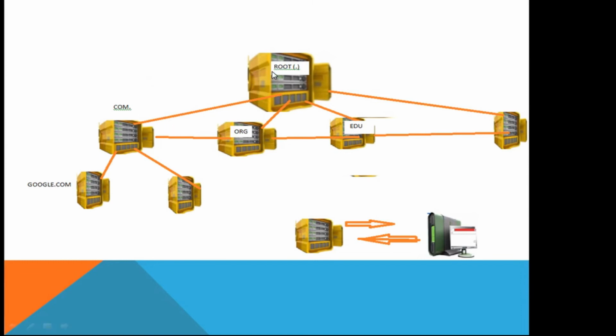It will say, you know what, I do not have information about Google, but I do have information about com. So your root domain will send the request back to your local DNS: I have the information about com, and this is the IP address. Now your local DNS will directly contact the com domain. This is the top level domain. Hey com domain, do you have any information about google.com? It will check its records and find it in its database.